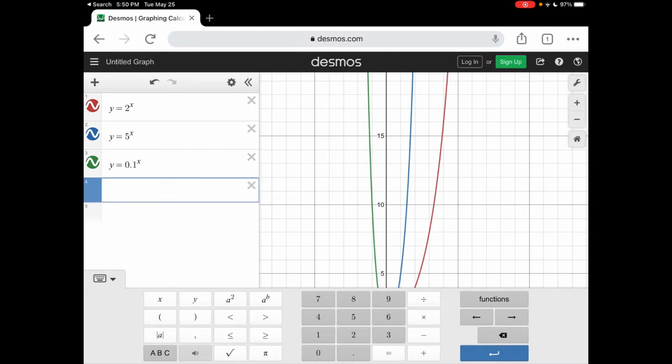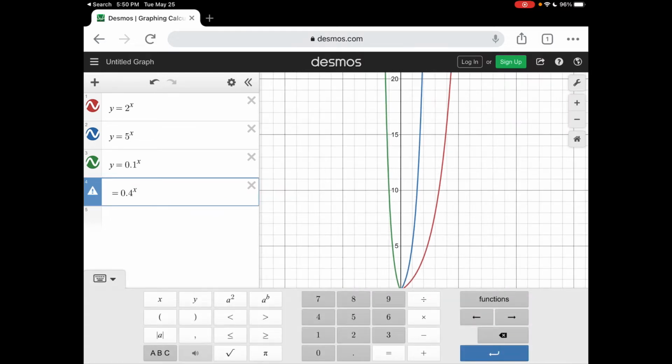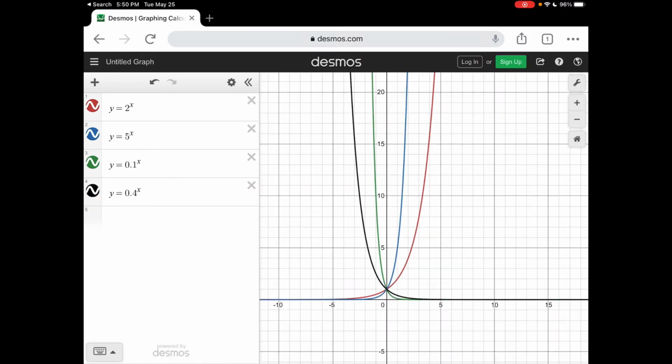Let's do y is equal to 0.4 to the power of x. And the same thing, the decline over here seems to be a little slower. So when your fraction gets smaller, your decline is slower, versus when your fraction is bigger, your decline is faster. Just like when your number is larger, your incline is faster, versus when your number is smaller, your incline is slower.